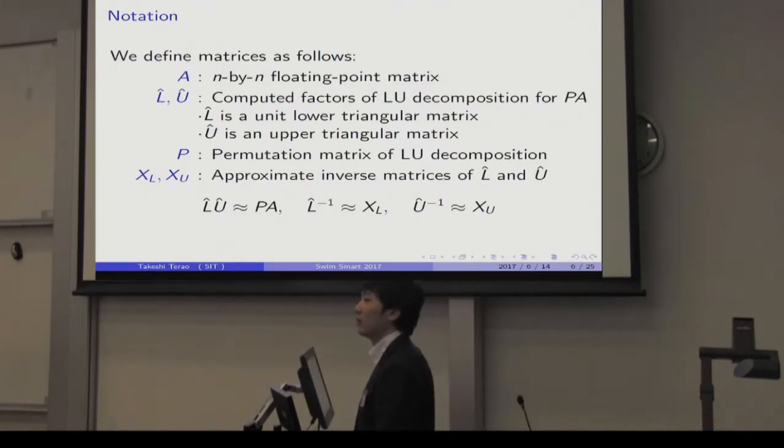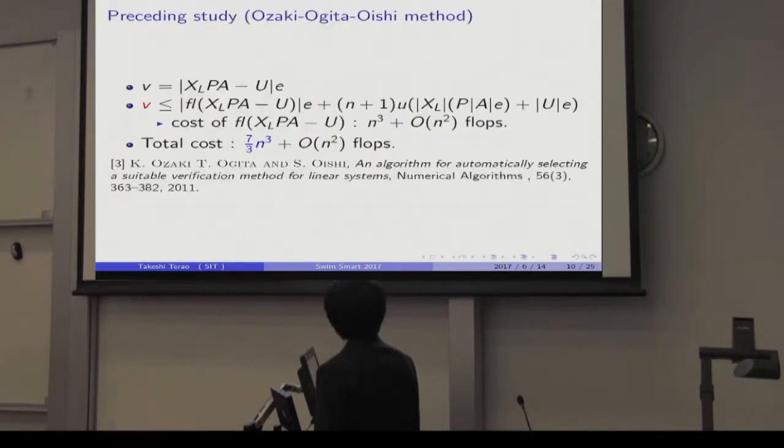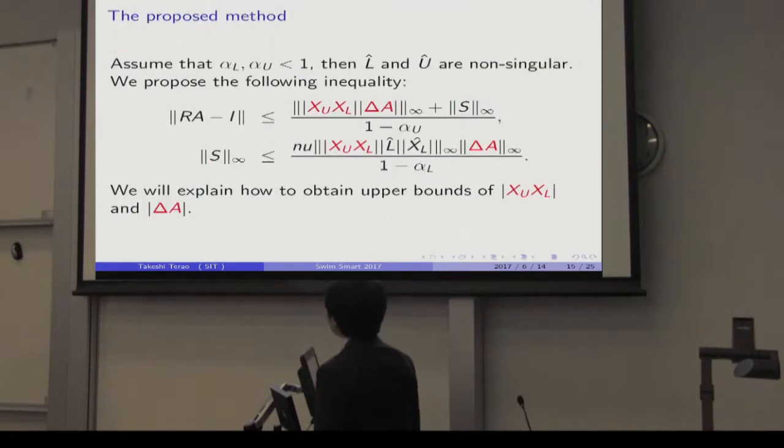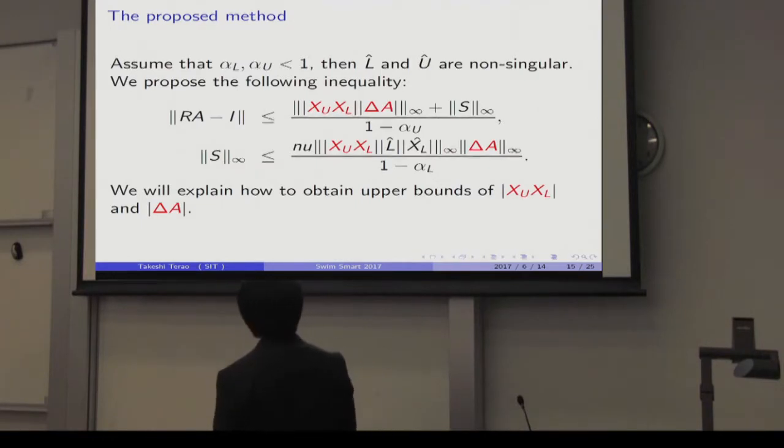Maybe I have one question. You propose a new upper bound of R times A minus I to prove the regularity of the matrix A. This is a new method to prove that the matrix A is non-singular. Yes.